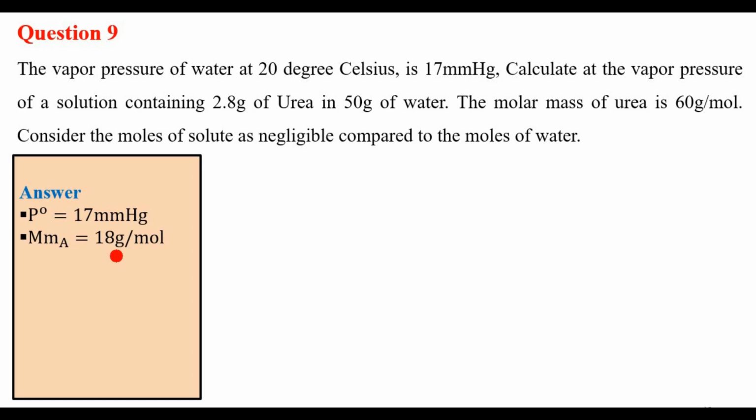We have also the mass of the solid, which is 2.8 grams of urea. We have here the mass of the water, which is the mass of the solvent. It was given. Here we have also the molar mass of the solid that was given. That means the molar mass of urea. It was given as 60 grams per mole.